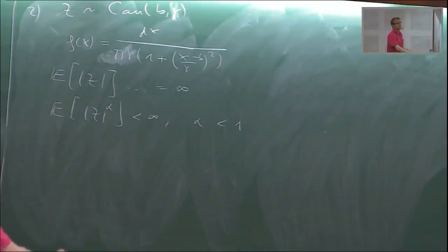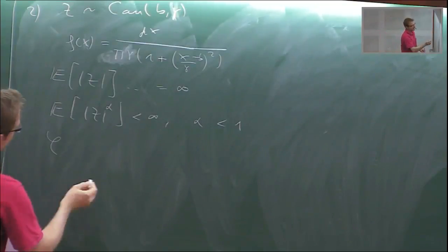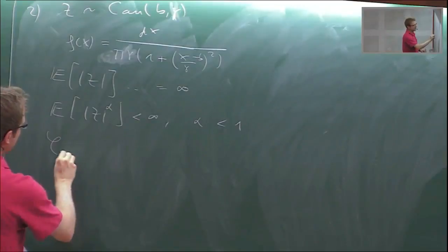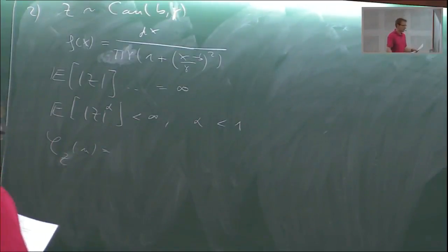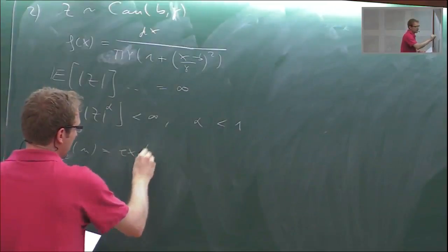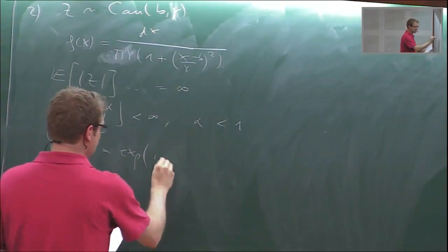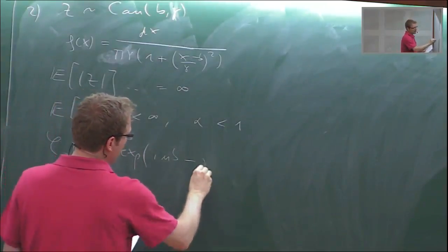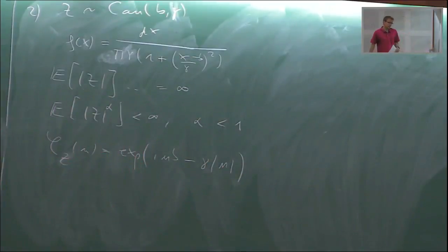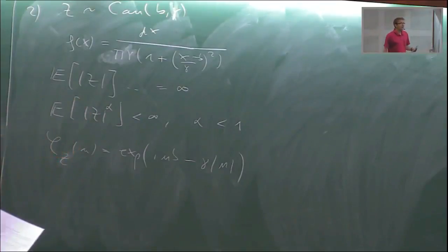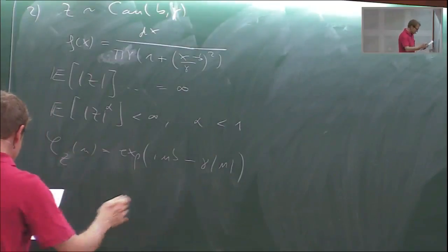And the characteristic function of zeta is also something which can be calculated rather explicitly: exp of i u b minus gamma times the absolute value of u. Okay, so this is something very, very special.